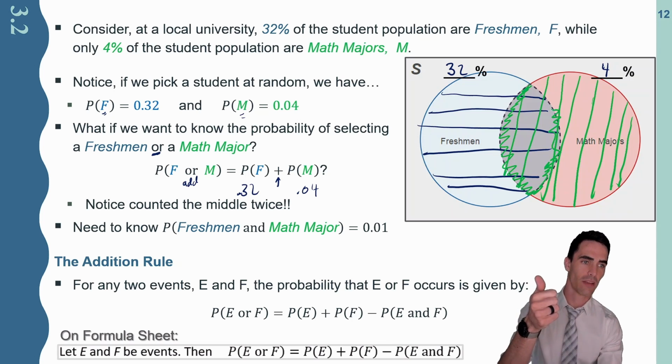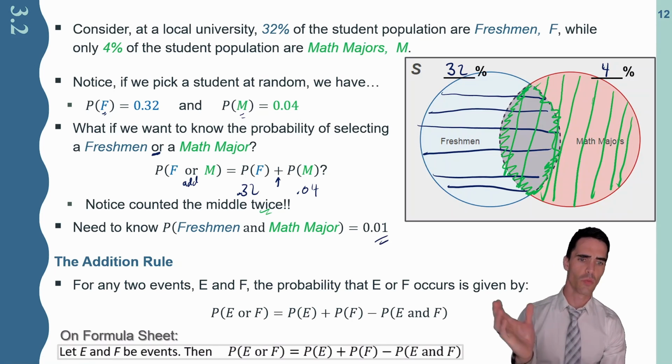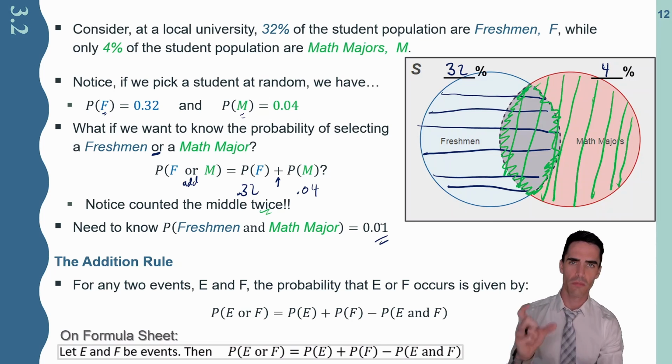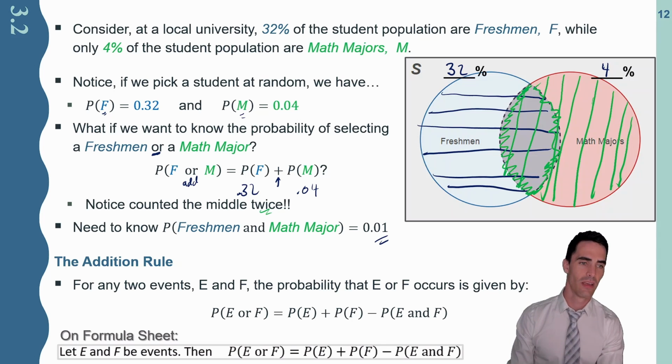First, when I was adding up those freshmen, and second, when I counted those math majors. Not good. So when I look at my freshmen and math majors, that overlap, what is it? If I quantified it, say maybe I said that intersection was 1%, 0.01, well then maybe now I can figure out, if I counted it twice, maybe there's a way I can take out that second pass.